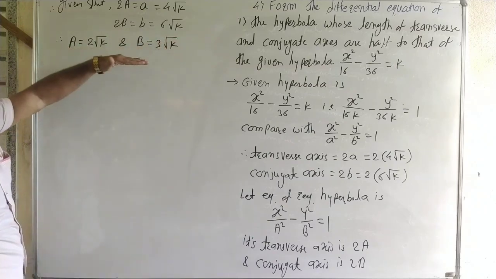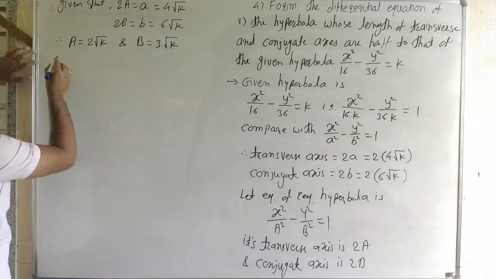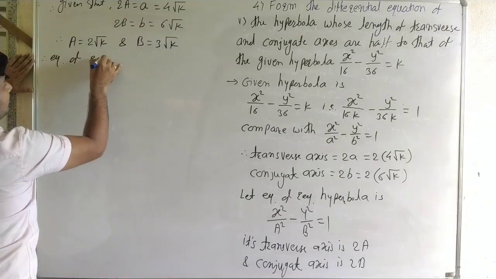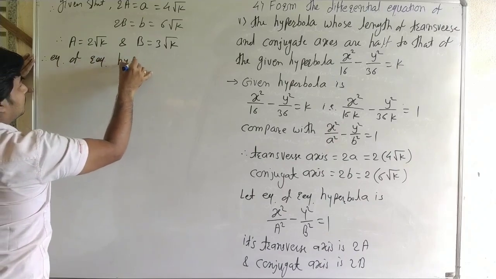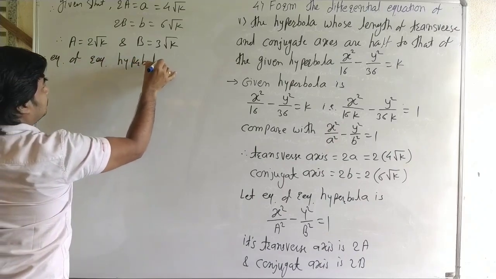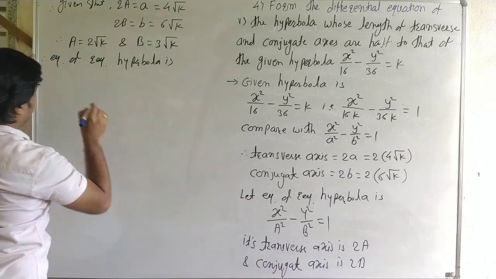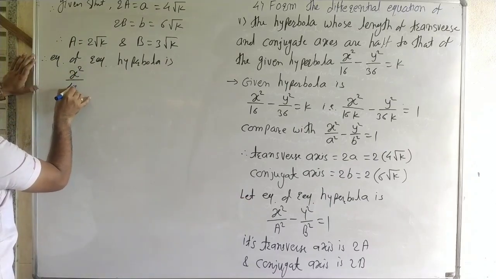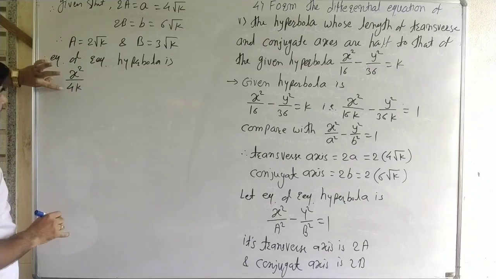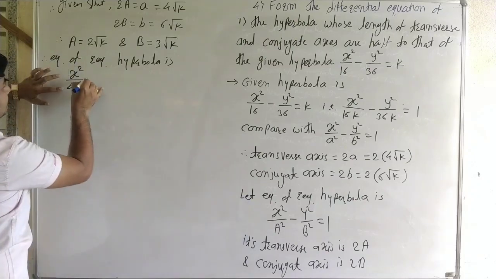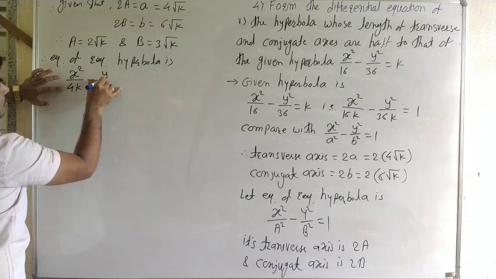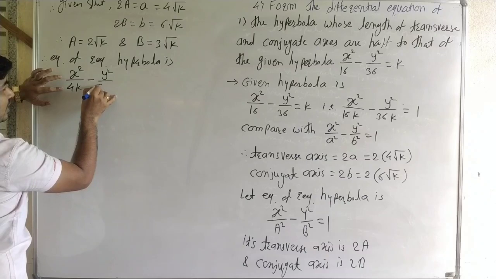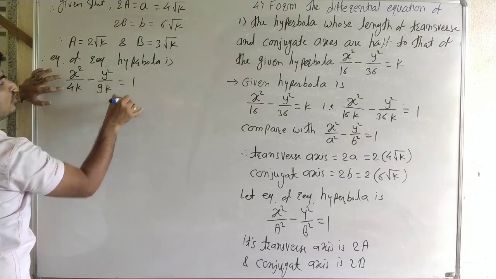Okay, here it is A and B, and therefore the equation of the required hyperbola is x square upon 4k, it is a square, minus y square upon 3 under root k whole square, that is 9k, is equal to 1.